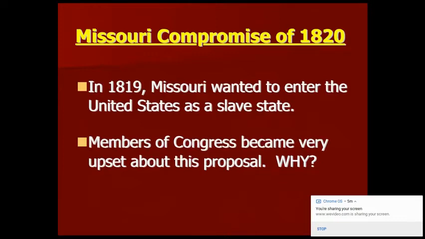So members of Congress became very upset when Missouri wanted to enter as a slave state, because you can imagine preserving that balance between the slave states and the free states was very important. So that way no one side would have too much power, too many votes, or would be able to pass laws to favor their side.